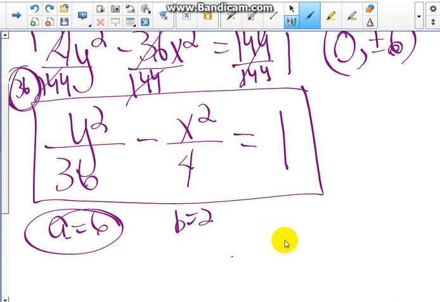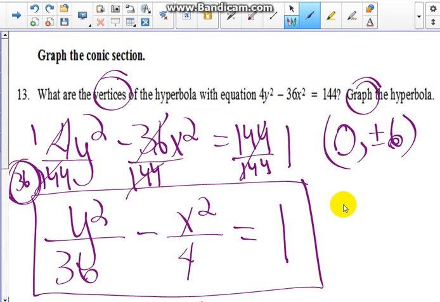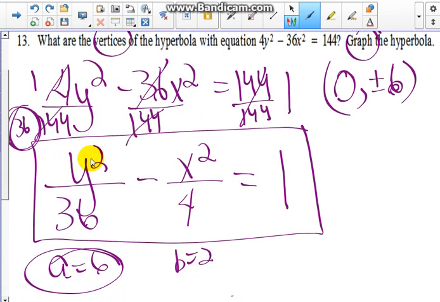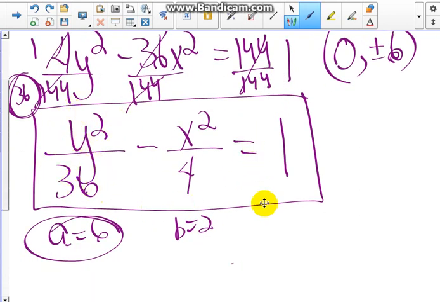So we're starting right here. We've solved our equation, which was to find the vertices of the hyperbola with the equation 4y squared minus 36x squared equals 144. We divided everything by 144, simplified, and we got our hyperbola equation with my a equaling 6 and my b equaling 2.